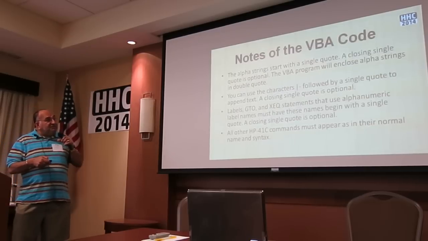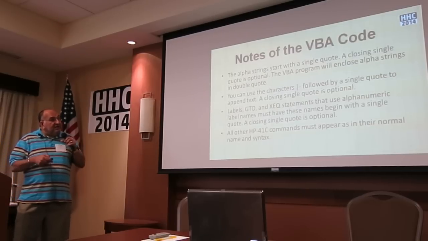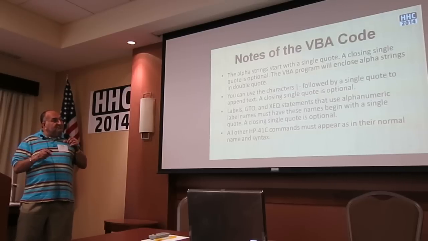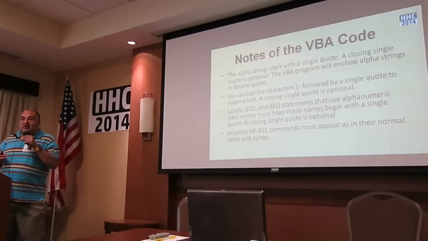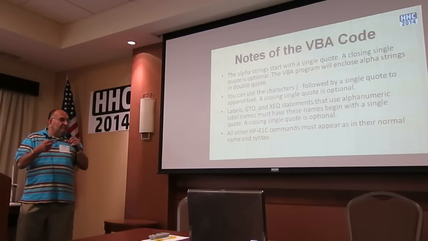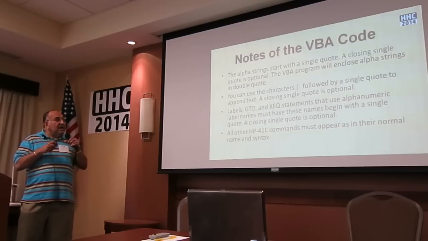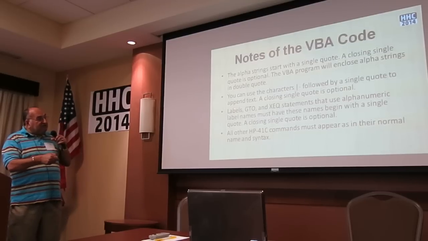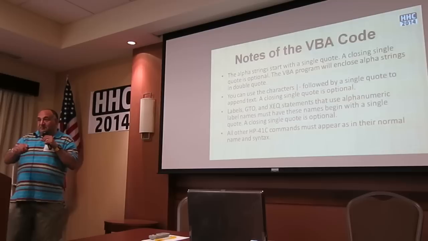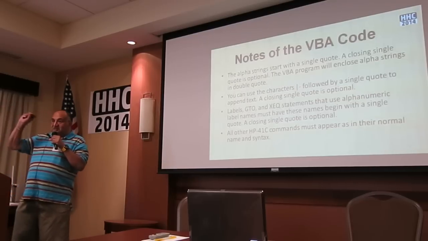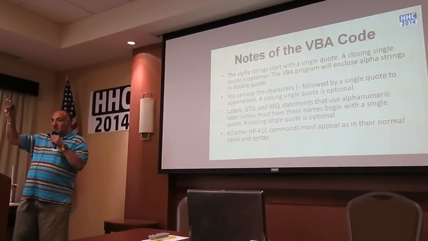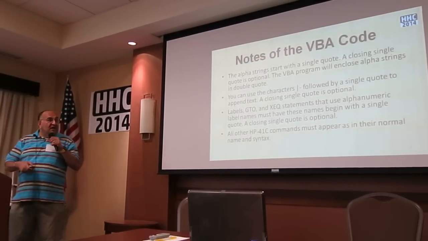Now labels, go to statements and execute statements that use alphanumeric labels must have these names begin with a single quote, and the ending single quote is optional. I actually only use this in the program typically once, when the very first statement is the HP-41C program name and has double quotes.